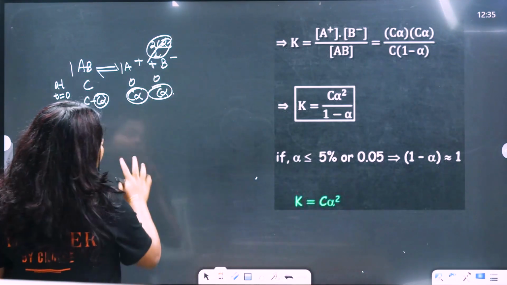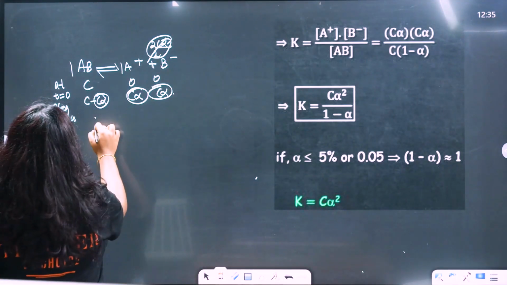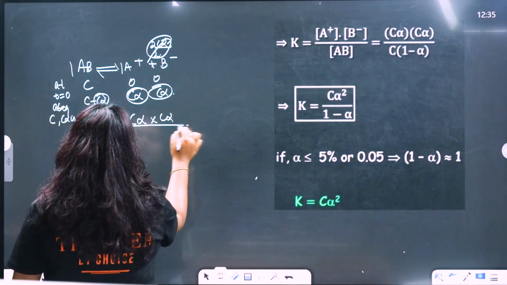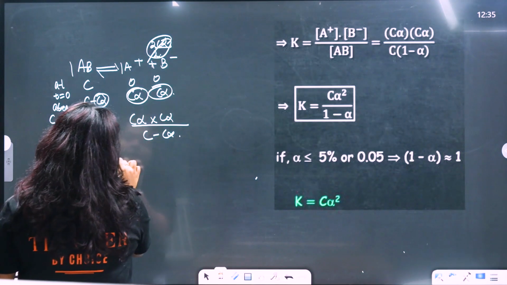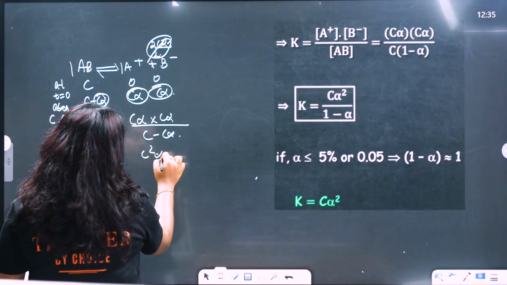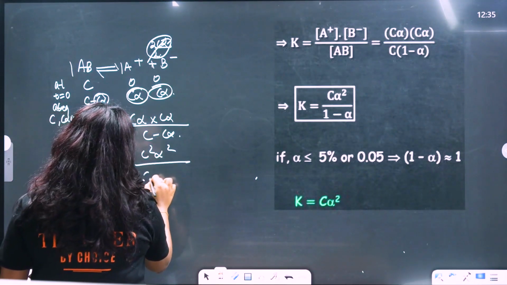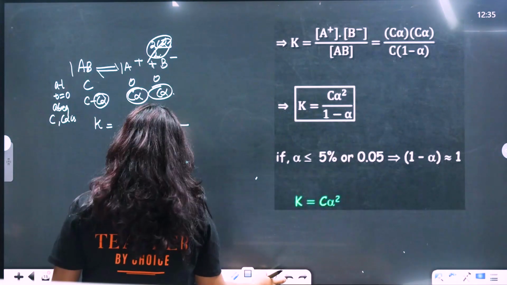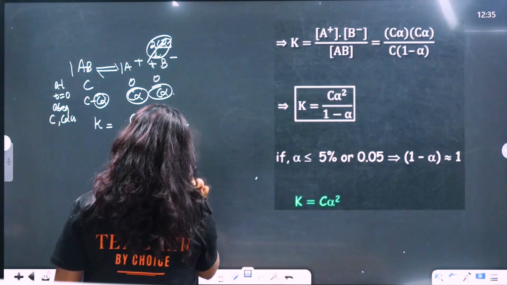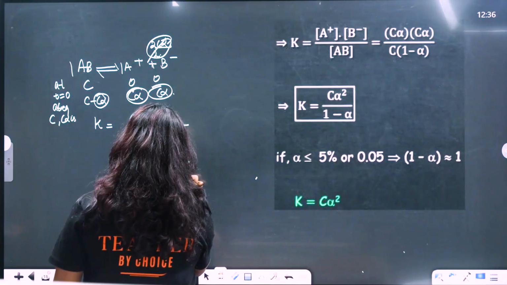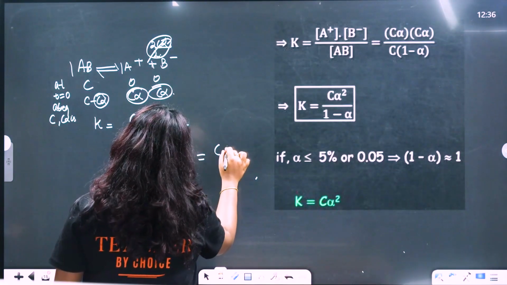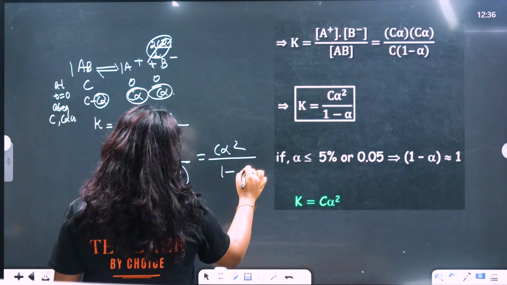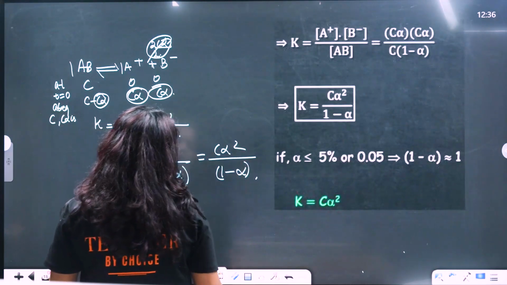So we will get the same amount. Now, while checking the equilibrium constant, C alpha into C alpha divided by C minus C alpha gives C squared alpha squared divided by C times 1 minus alpha, taking C common. So C alpha squared divided by 1 minus alpha.